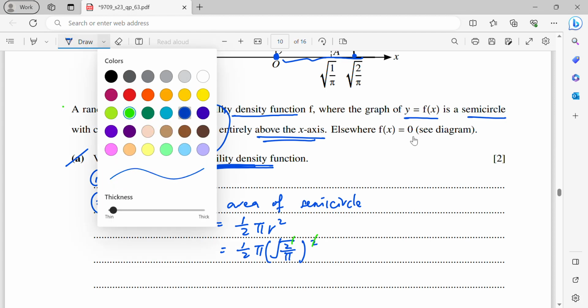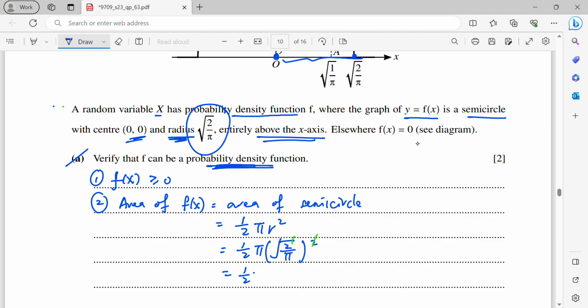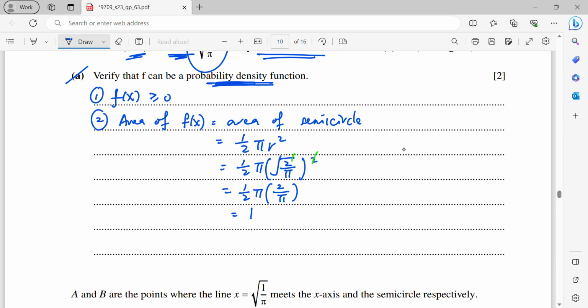Then I get half pi times 2 over pi. All this can be cancelled off to get 1. Therefore, f can be a PDF, probability density function. So that's all for A.